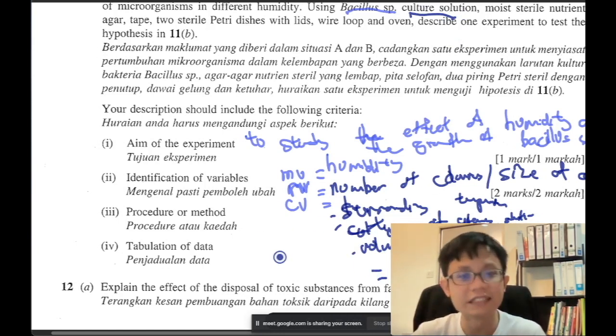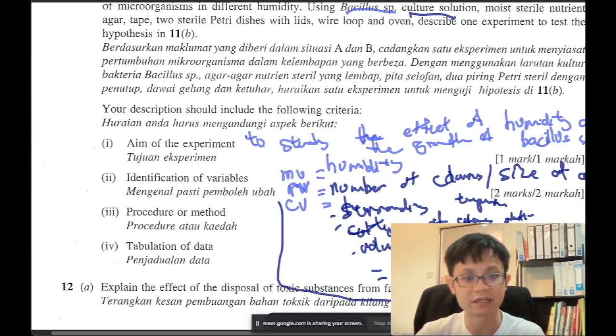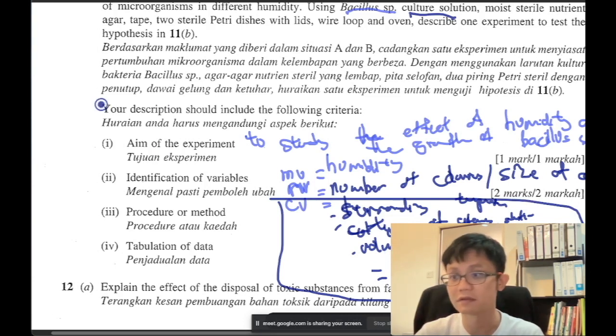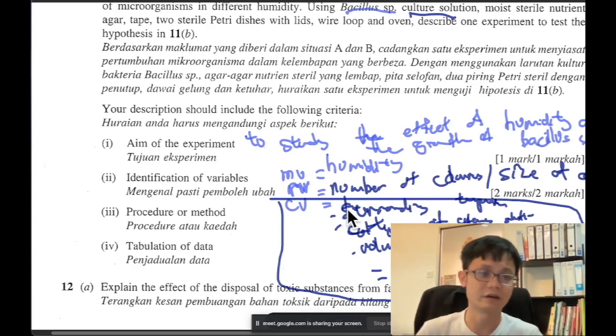The reason we say constant variable is because we want to make sure the experiment is not affected by other variables. If there is no constant variable, then the data won't be correct because there are other variables.